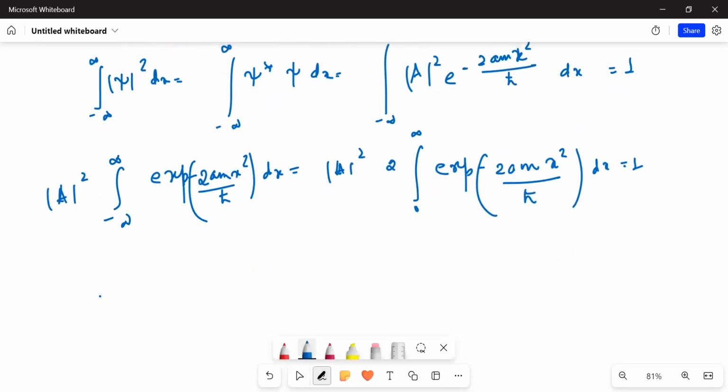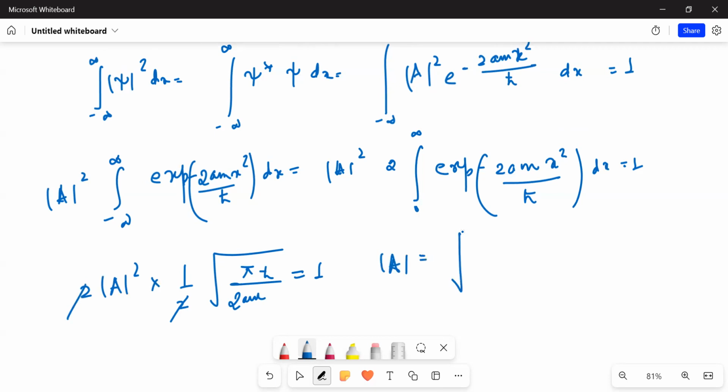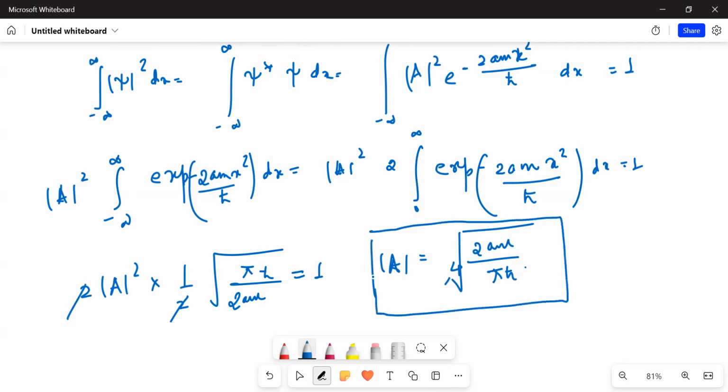From here, one can identify that this equals 1 upon 2 root over pi upon this particular coefficient, 2am upon h-bar, and this entire thing equals 1. So this gets cancelled, and your modulus of A turns out to be, to the power 1/4, 2am upon pi h-bar. So this is your normalization constant.